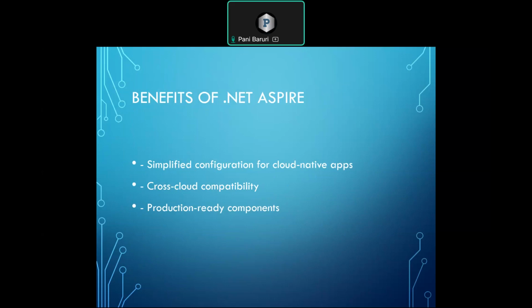And the third one is production ready components. Everything Aspire offers is built in with production in mind. From health checks to telemetry, Aspire ensures that your apps are ready for deployment in a high traffic environment. That makes it a scalable, maintainable, and production ready cloud native application.